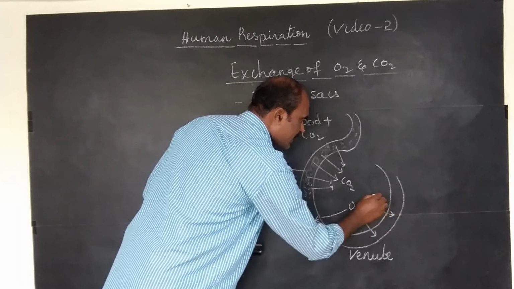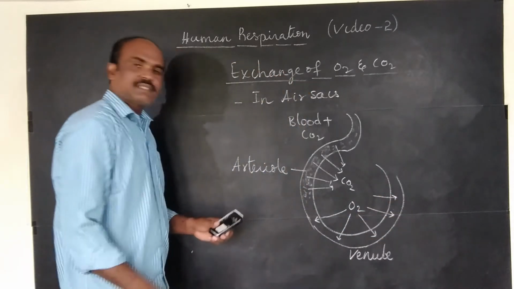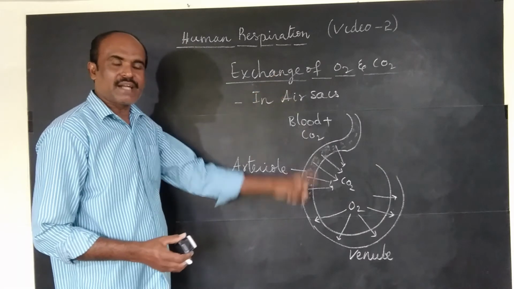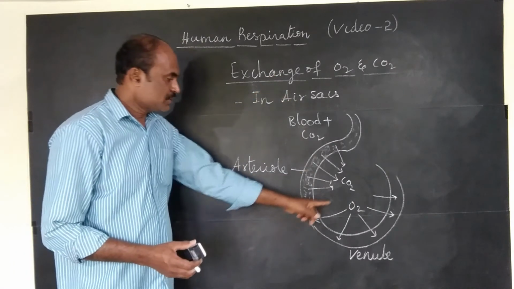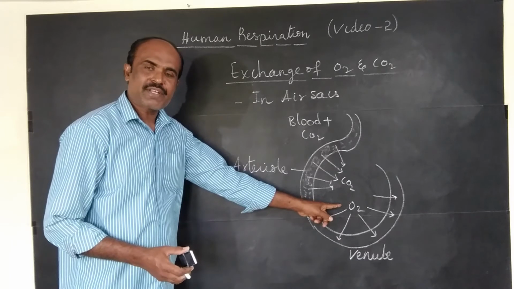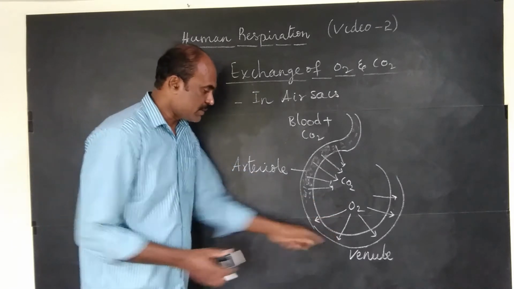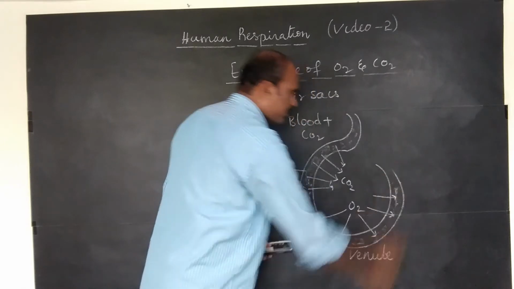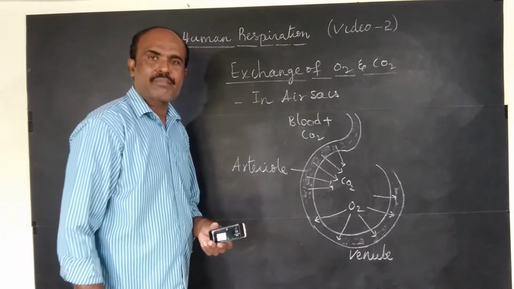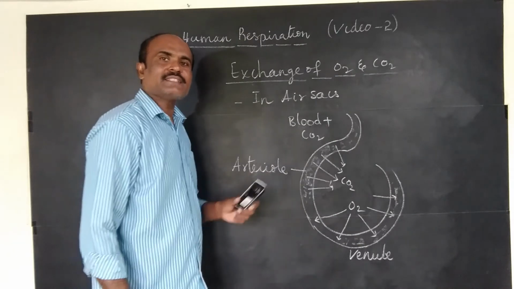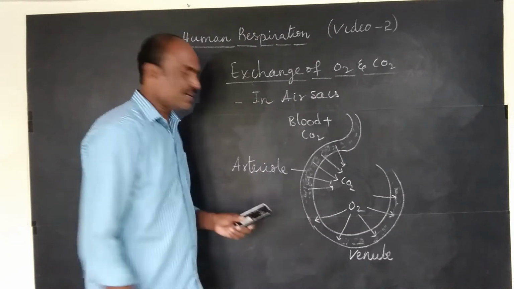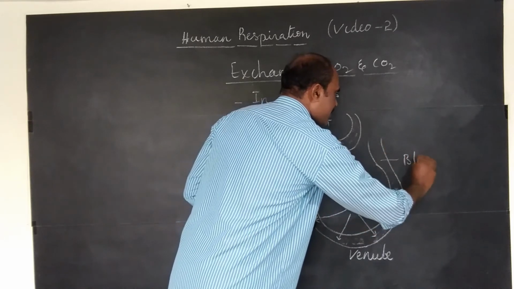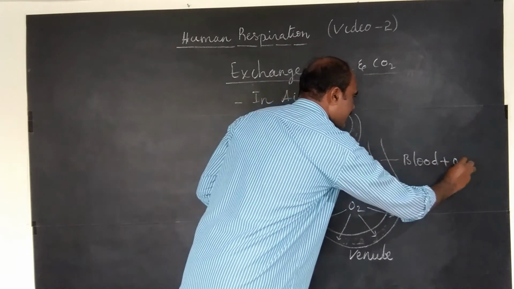So this is how oxygen is exchanged at air sacs. Oxygen which is present in the cavity of air sac diffuses into the blood of venule. These venules combine to form vein, pulmonary vein, and this vein takes oxygenated blood. Here blood becomes oxygenated.